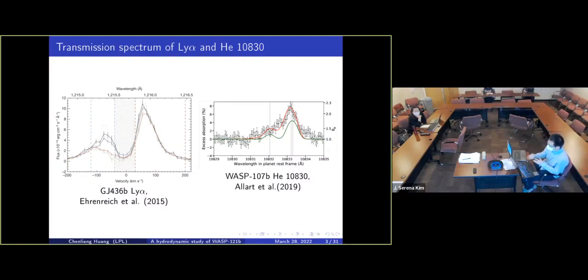He gave a talk specifically on these features, so it's very nice. There's one problem: only planets around G and K type stars are more likely to show these features. So I'm not going to talk about these features.